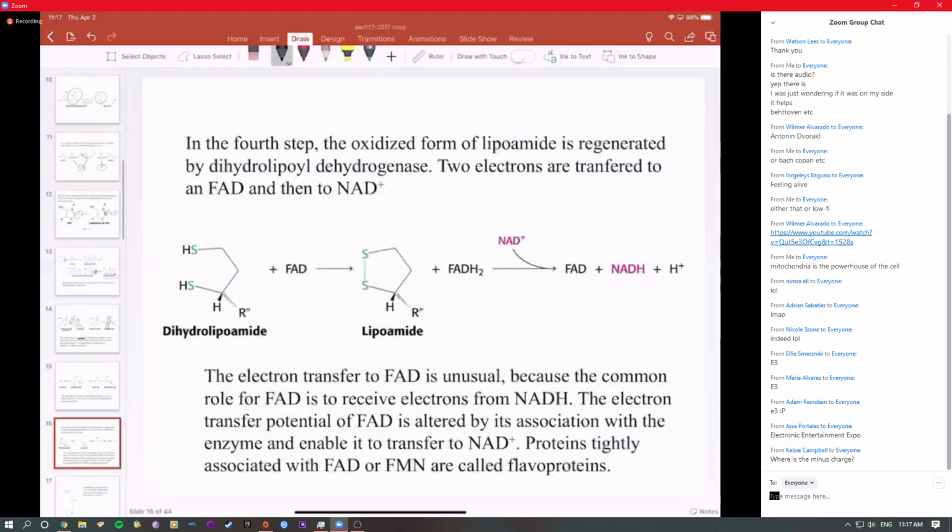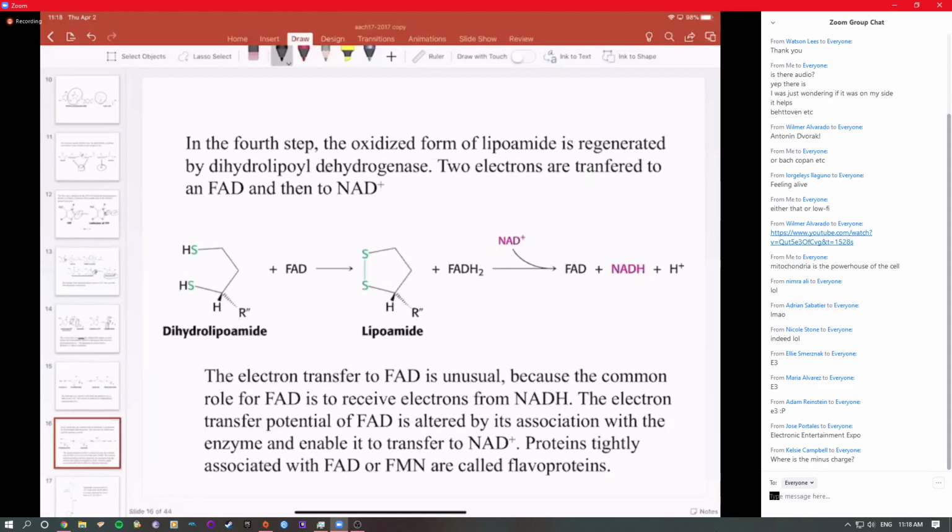Now the problem is, in order for this to happen again, the dihydrolipoamide has to go back from the reduced form, which is dihydrolipoamide, to the oxidized form, which is lipoamide. In this case, you transfer the electrons to FAD to make FADH2. The FADH2 then transfers the electrons to NAD to make NADH.